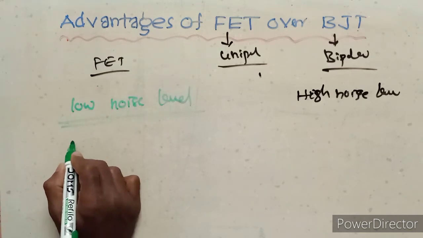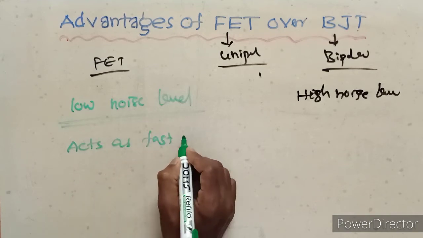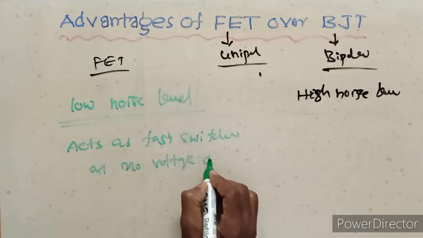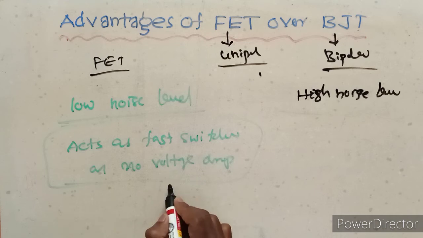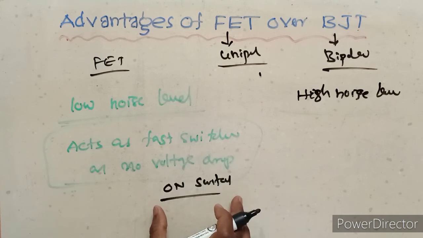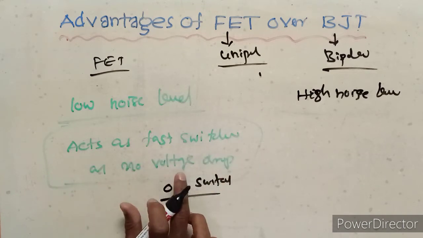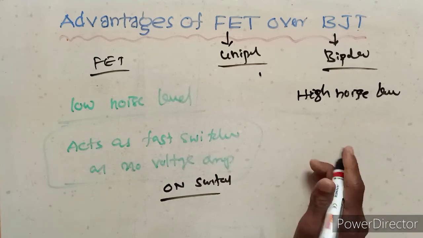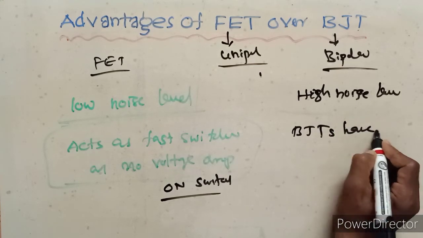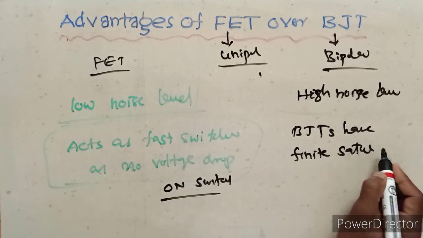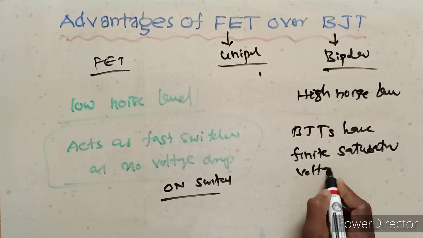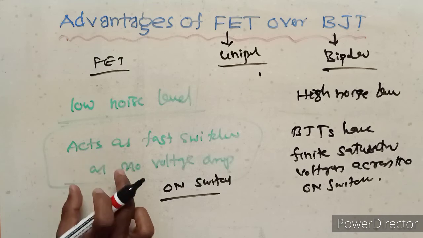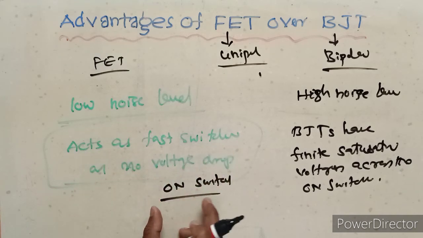Next of all, the FETs act as fast switches as no voltage drop exists across the on switches.